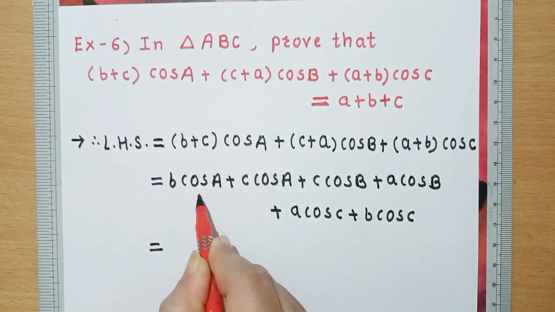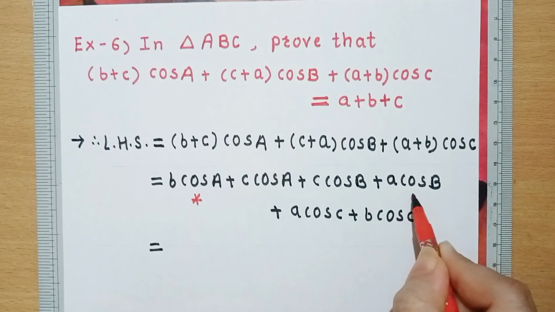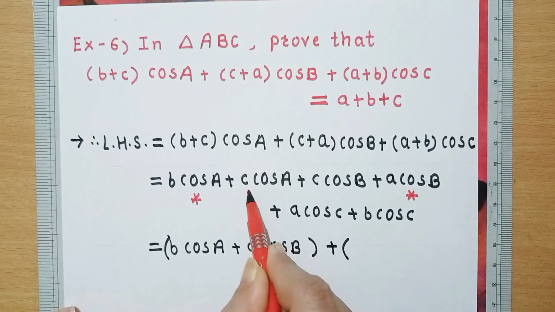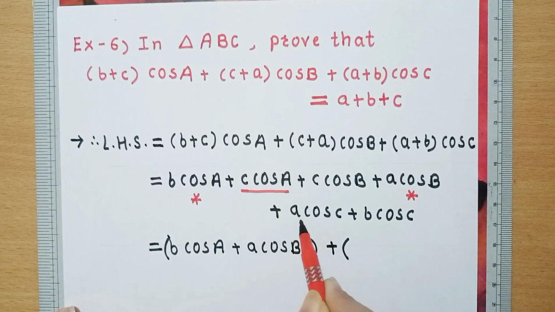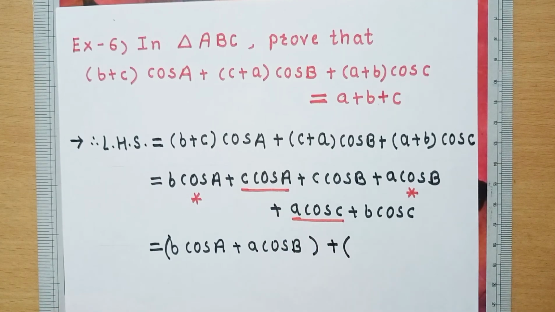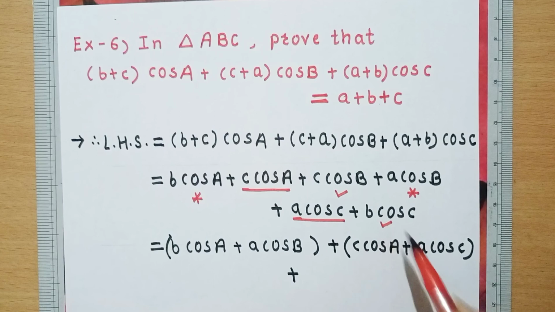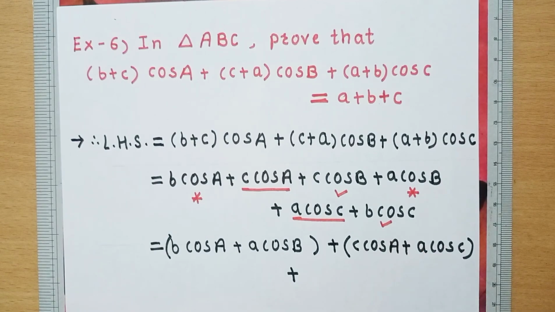Now collect b cos a and a cos b together. Now collect c cos a plus a cos c together, and we will collect c cos b and b cos c together.